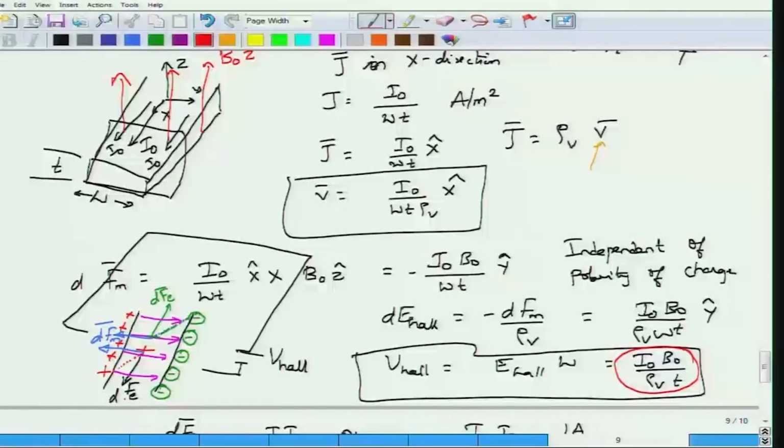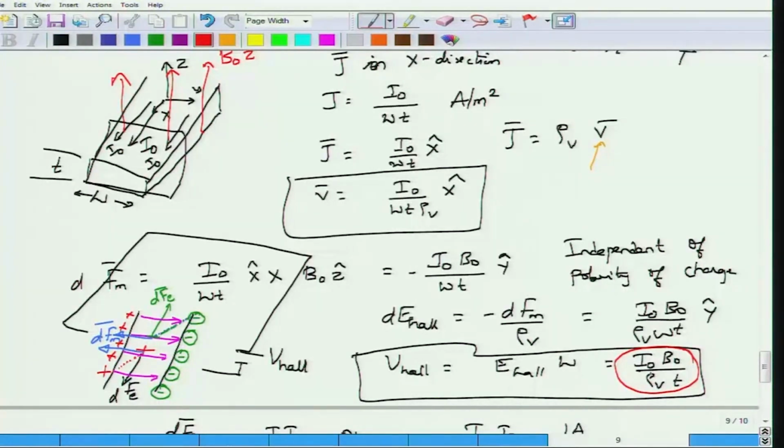I establish a certain bias current, connect two conducting wires and put a voltmeter over here, and then apply a uniform magnetic field normal to the bar, and I will see the polarity of the voltage. If the polarity is positive, then I know that the charge carriers are positive, otherwise I know that the charge carriers are negative.